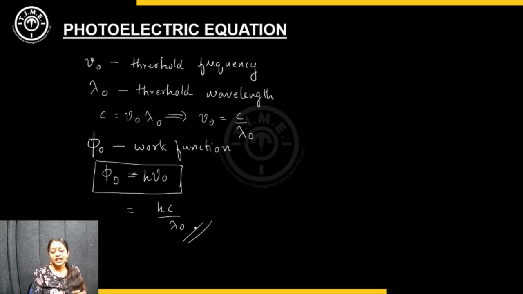Okay. Now let us come to photoelectric equation. See, the electrons will get ejected only if they have a certain minimum energy which is called work function. From where do they get this energy? Of course, from the incident radiation. Okay. There are photons in the incident radiation. What are photons?